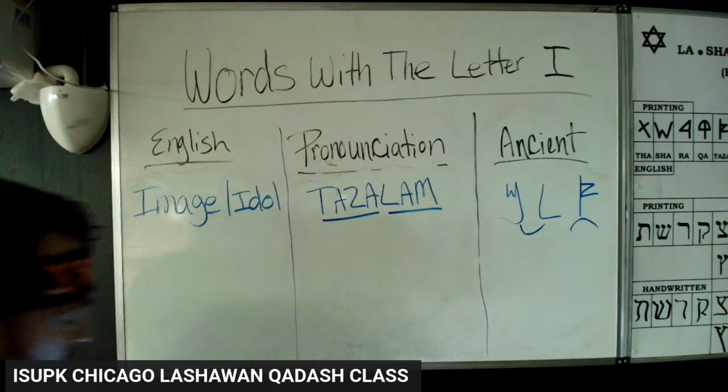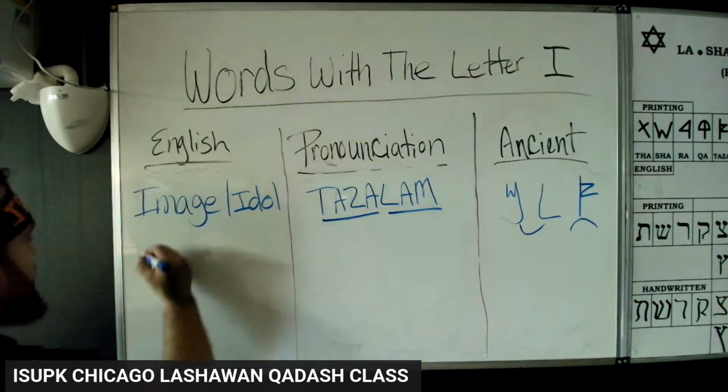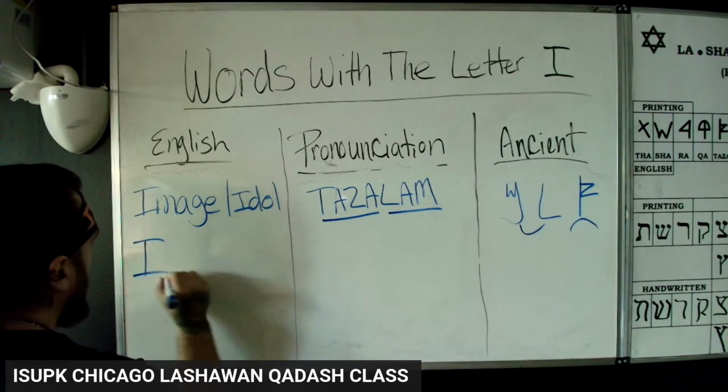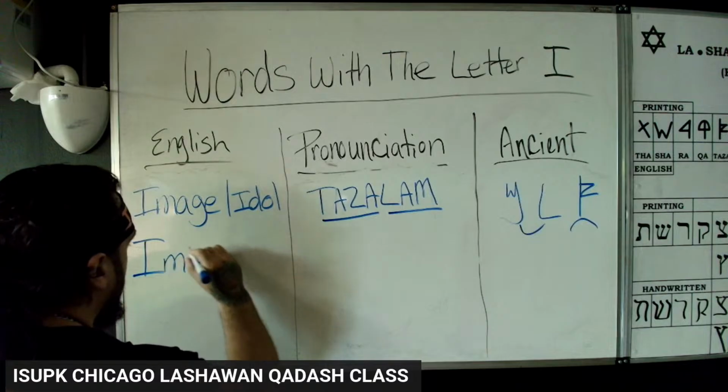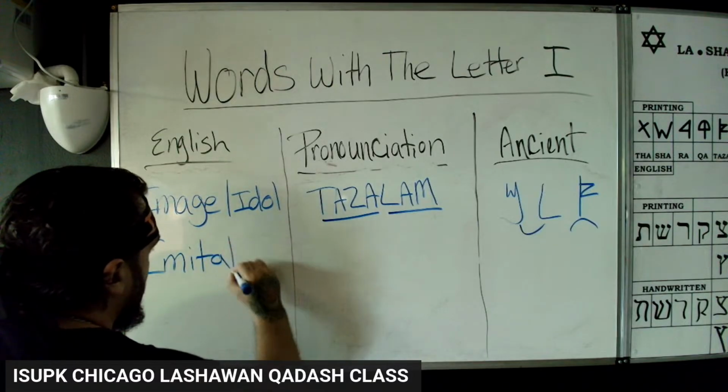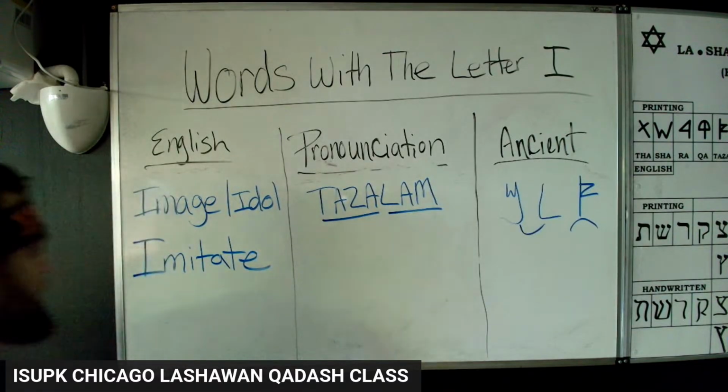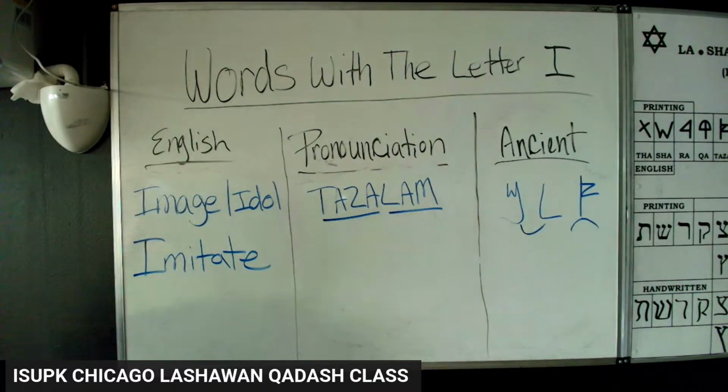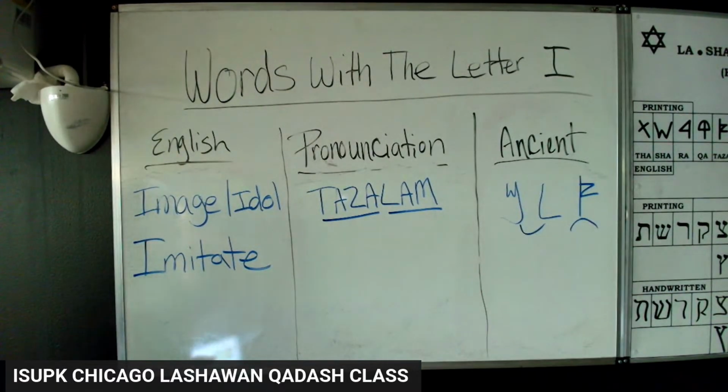Next one is imitate. Imitate. Definition of imitate is somebody who you find really renowned and you like to imitate what they do because they do it so well.